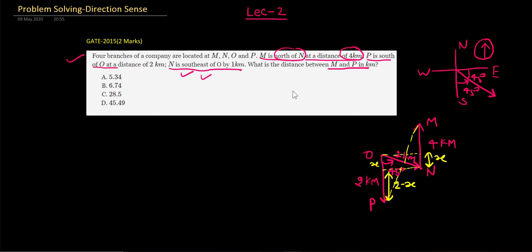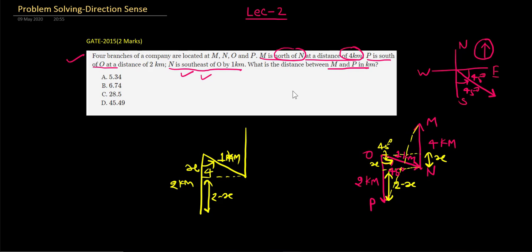Remember this angle is 45 degrees. Let me make it again here. So this is 2 km, this is 1 km. This is our X, so this would be 2 minus X.